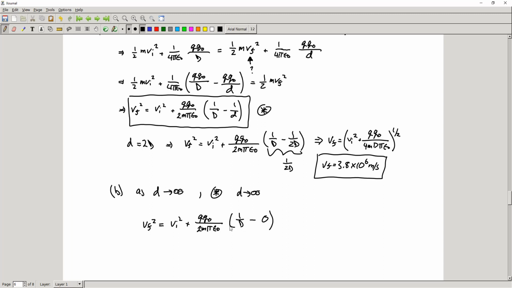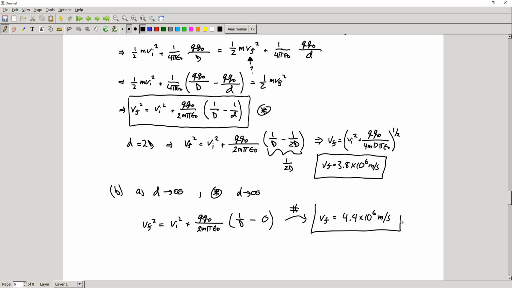And so you just end up with this expression. We can clean this up, just move the 1 over D over to here. If you substitute in numbers at this point, after doing your square root and so forth, you're going to end up finding that Vf is 4.4 times 10 to the 6 meters per second.